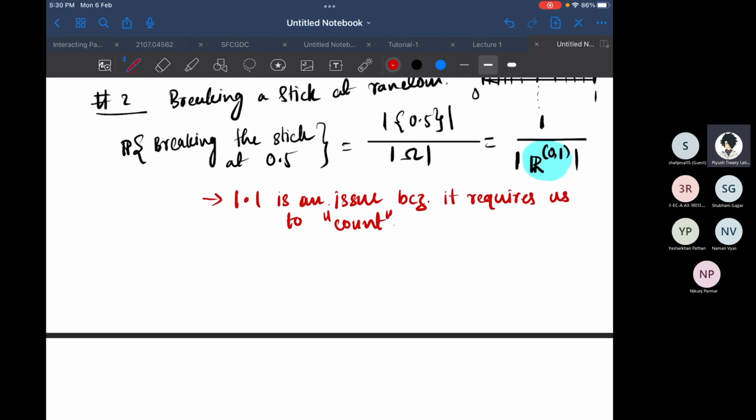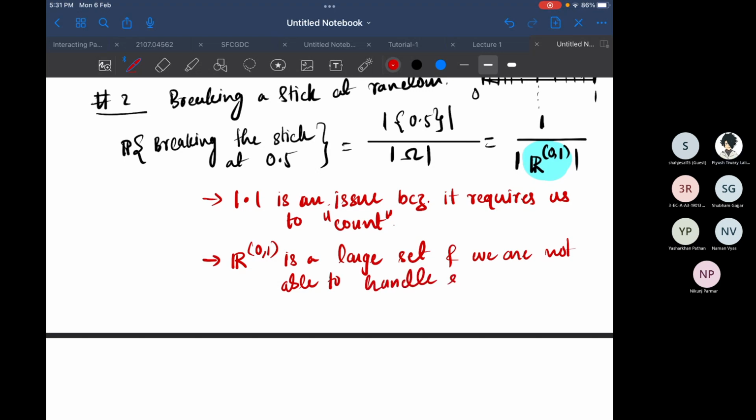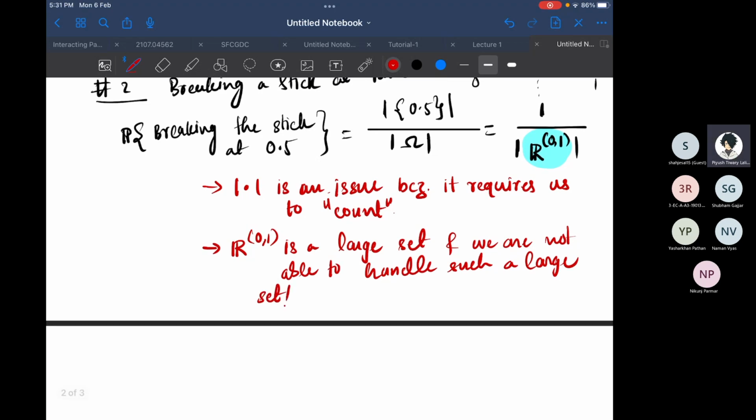The second thing is that R01 is a very large set. It has so many elements in it, and we are not able to handle such a large set. These are the two broad issues with this thing.